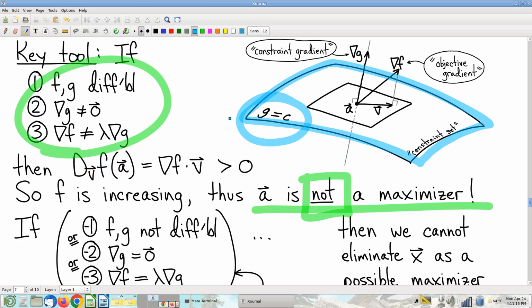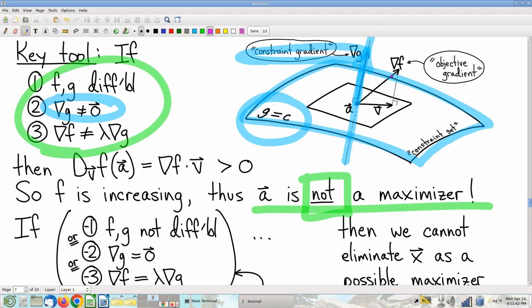Furthermore, remember that level sets are always orthogonal to gradients. So my constraint gradient is always orthogonal to my constraint set. And now I do need that constraint gradient, by the way, to be non-zero. If it's zero, then it doesn't define a direction, and that's awkward algebraically.